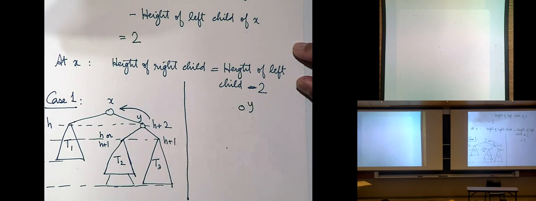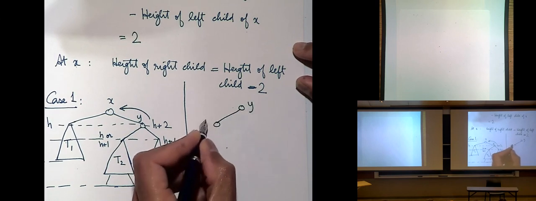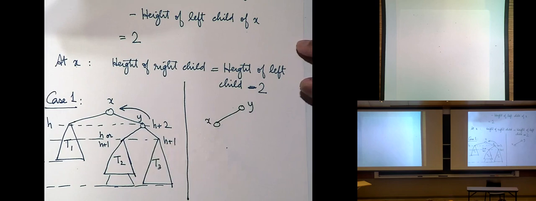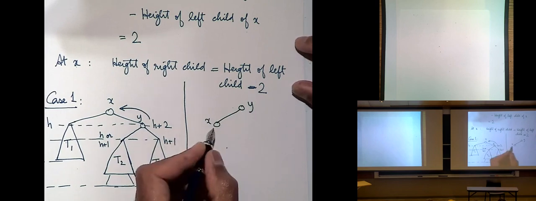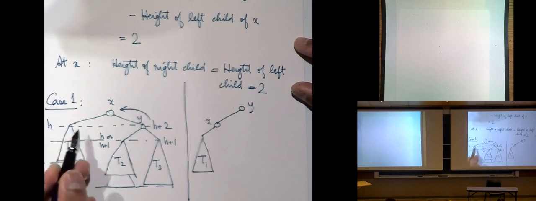So y will move up there. X is going to move down. Then X is going to have a child T1. T2 is going to switch.